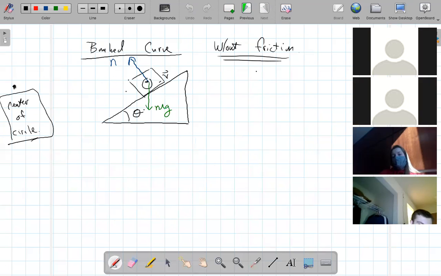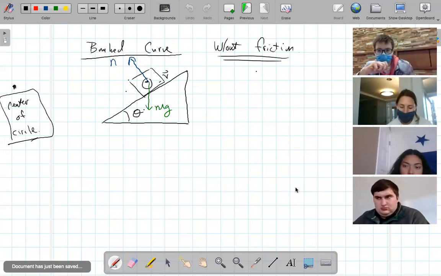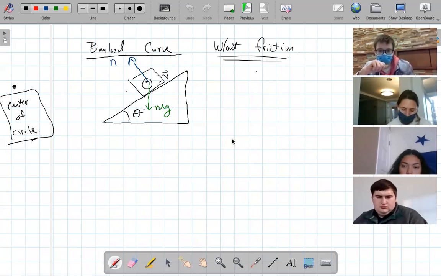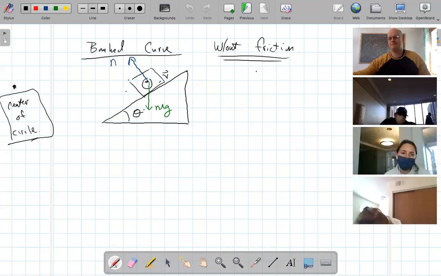What would be the direction of my radial acceleration? Paige, you want to give it a shot? I think it'd be towards the center of the circle because it's accelerating in.